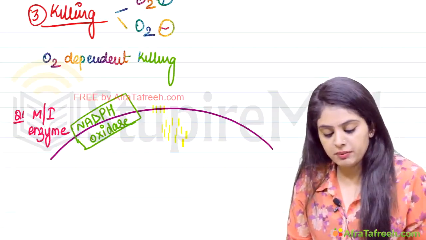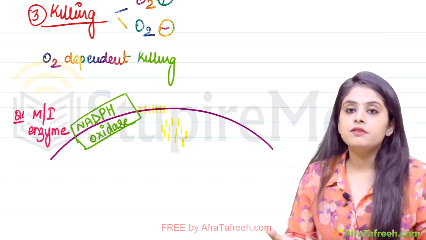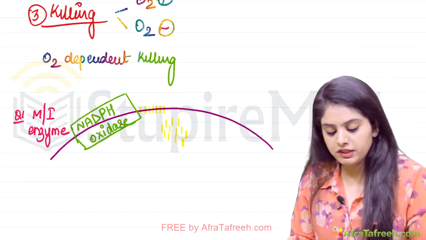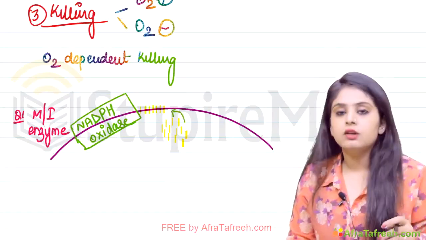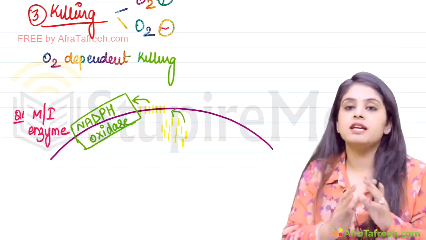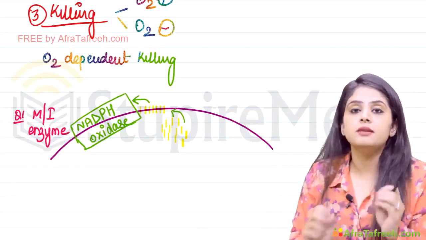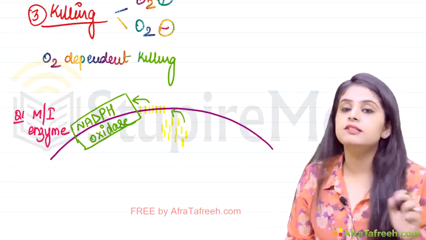Parts of this enzyme are present in the membrane. When the process of inflammation starts, both of these are going to fuse. The cytoplasmic parts also come to the membrane, and finally on the membrane we have a complete enzyme complex of NADPH oxidase. Again, a very important step because there is a disease associated with it.